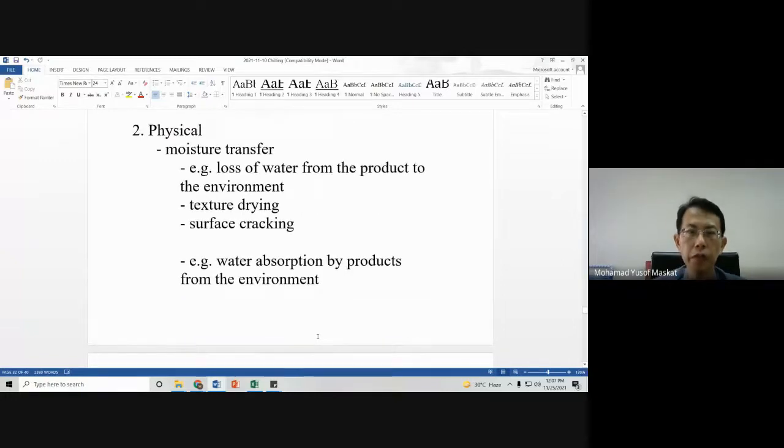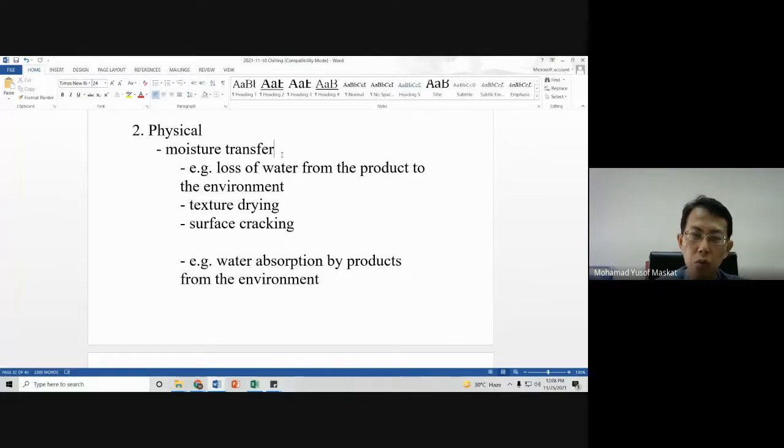And then physical moisture transfer. If we mentioned just now that moisture is important in meat products, in fruits and vegetables it is 10 times more important, because remember, the rigidness of the fruits and vegetables depends on the cell walls and also the hygroscopic pressure of water that is inside the cells.